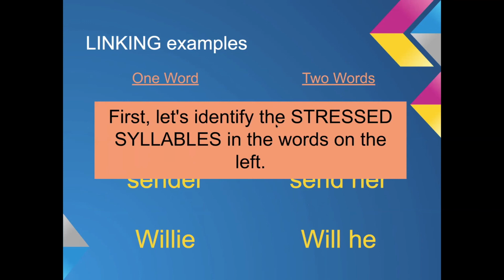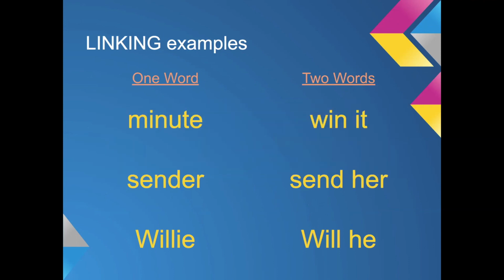So the first thing we're going to do is identify where the stressed syllables are. On the words on the left, let's try to find out where the stress is. For example, when I say the word minute, where do we hear the stress? Well, in this case, we hear it at the beginning, minute. Okay, the second word, you say the second word to yourself.